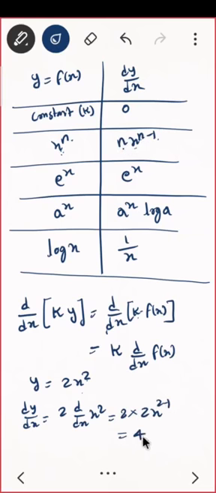This is 4x, correct? So the derivative is just 4x. So you need to remember, whenever you find a derivative, the main focus is to see where the function of x is, correct? Okay. So this is the first rule, the first golden rule you can say, and the second rule is this.